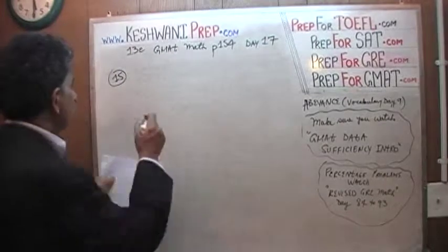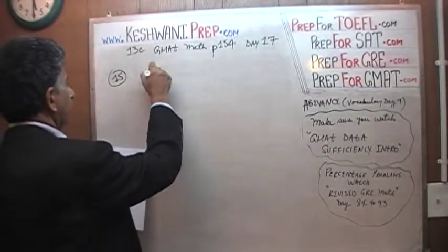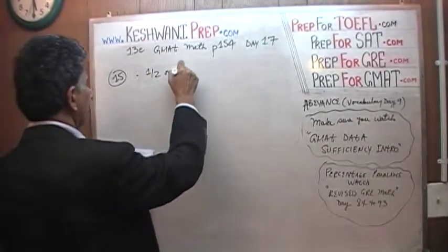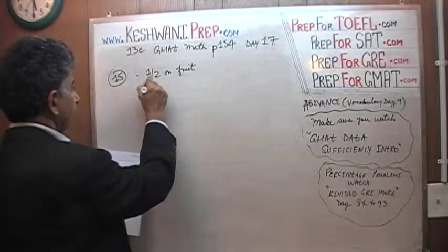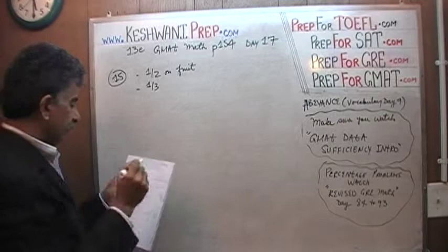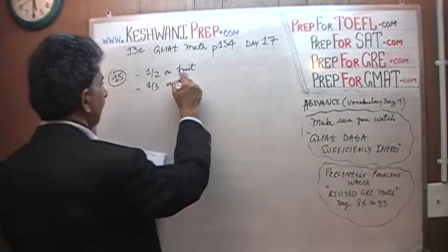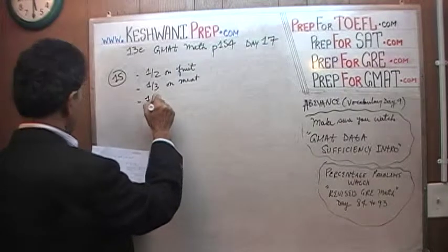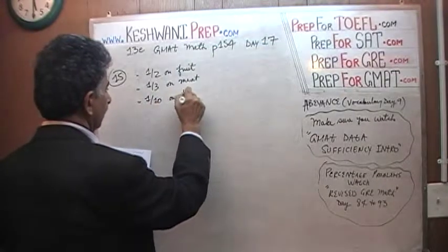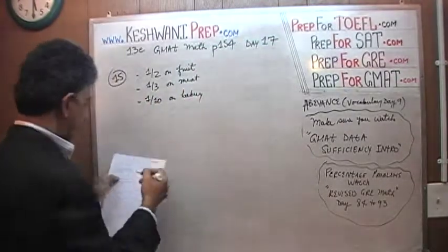Alright, so you spend half on fruit. Then we are told that he spent a third of his money on meat. And then he spent a tenth of his money on bakery products.